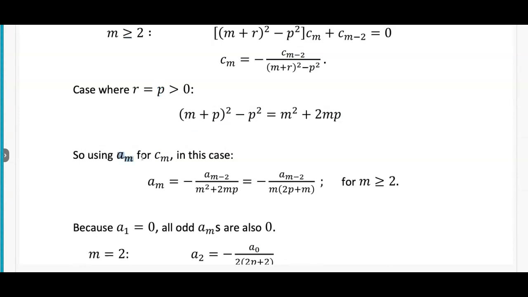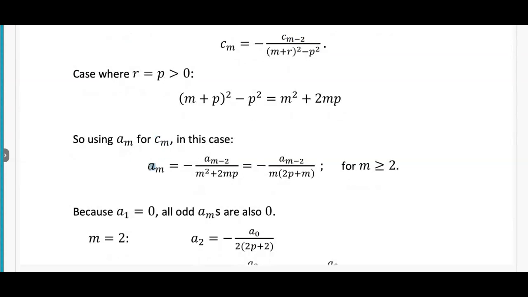You don't really have to change the variable if you have a clear mind. A variable is just a representative, it could be Emmy, it could be Tony. If you can keep track, like k equals k plus 2, you don't have to change to A_m for C_m.